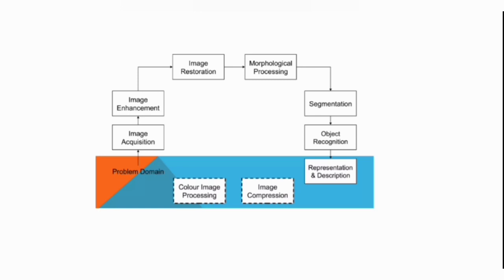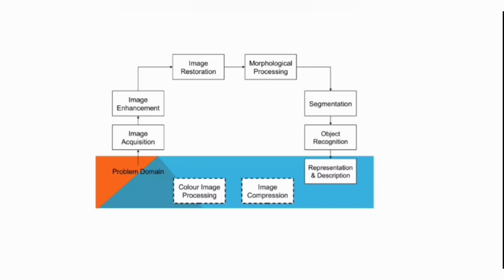Object recognition is a process that assigns a label to an object based on its descriptors.